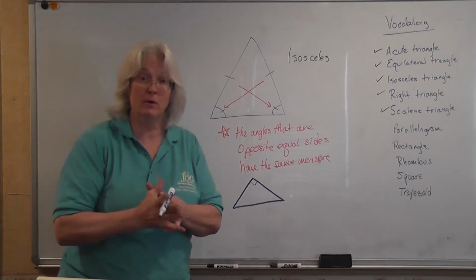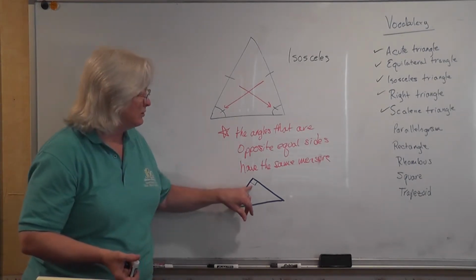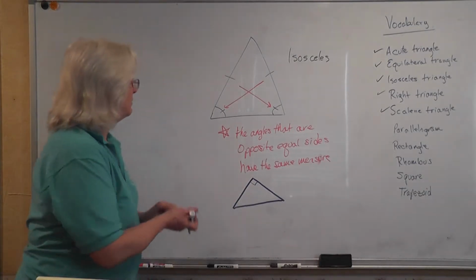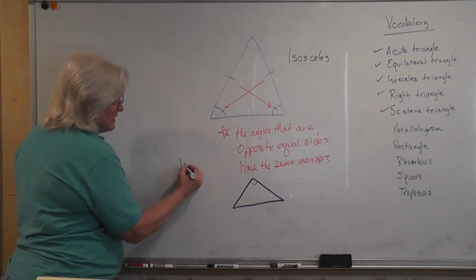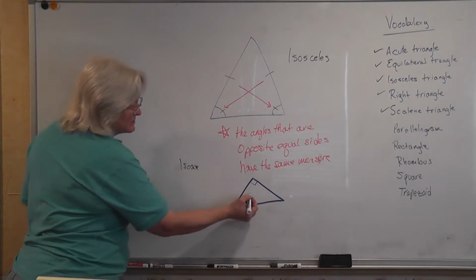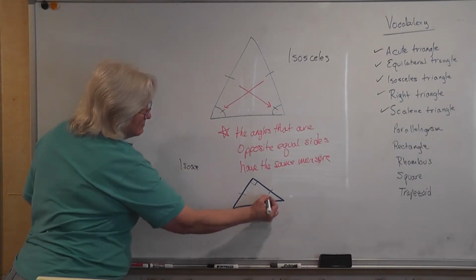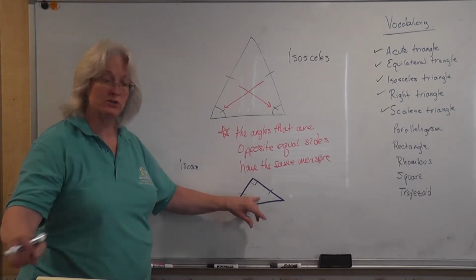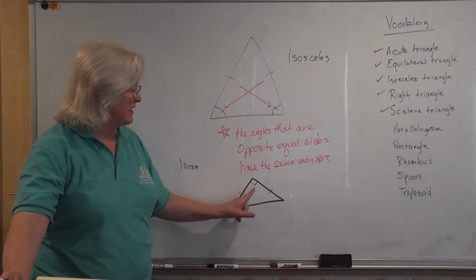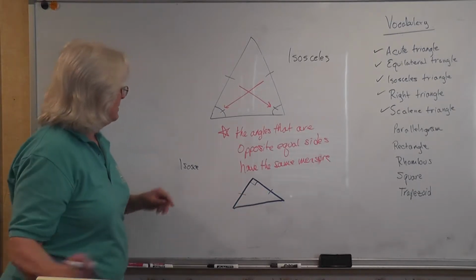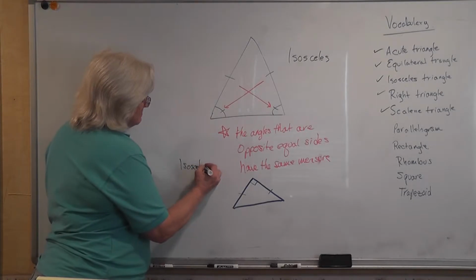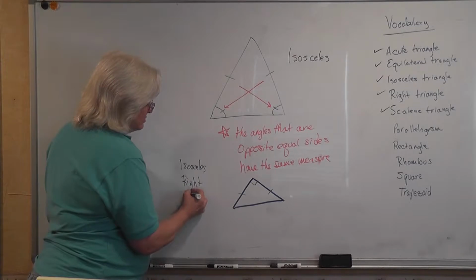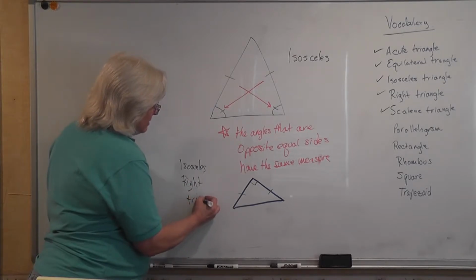But you don't know that it's a right angle until you put that little square in there. That tells me that this is a right angle. So this is an isosceles and the sides are the same. Those marks on the triangle tell me I have an isosceles right triangle. I have a right angle and I have two sides that are the same. Isosceles right triangle.